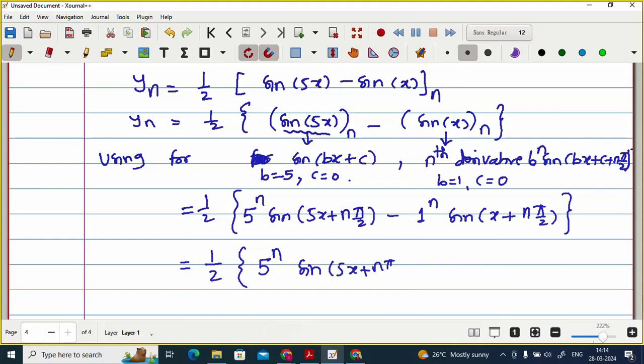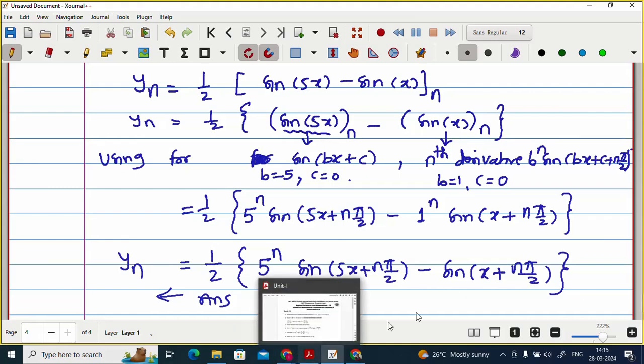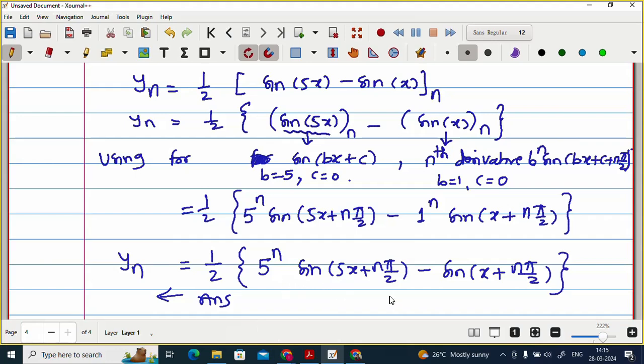So 5x plus n pi by 2, minus 1 raised to n is 1, so it is minus sin of x plus n pi by 2. This is the answer for the given y. Its nth derivative is given by 1/2 [5 raised to n sin of 5x plus n pi by 2 minus sin of x plus n pi by 2].